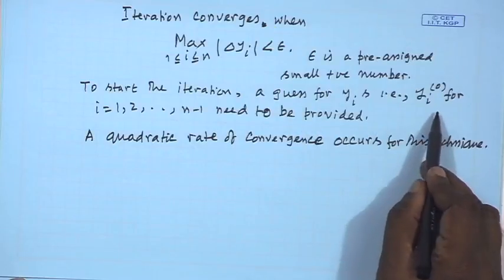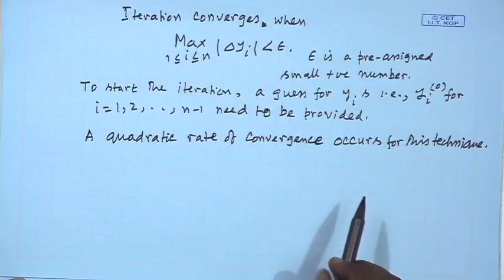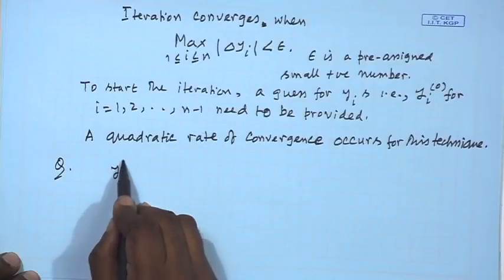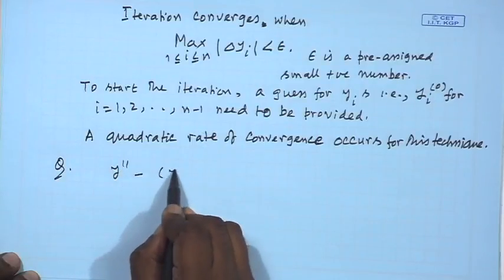So, at each grid point we assume some value as yi 0, and then subsequent values are obtained by choosing an error delta yi, and yi k plus 1 we take as yi k plus delta yi. That delta yi satisfies a linear system which forms a tridiagonal system.